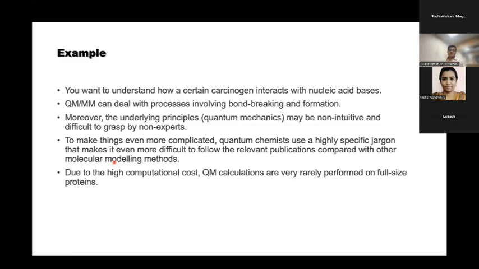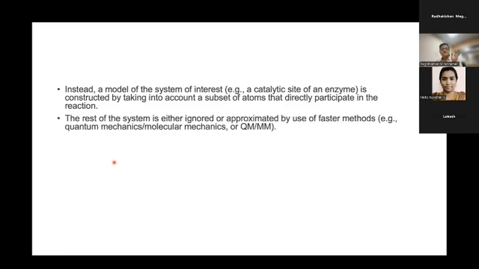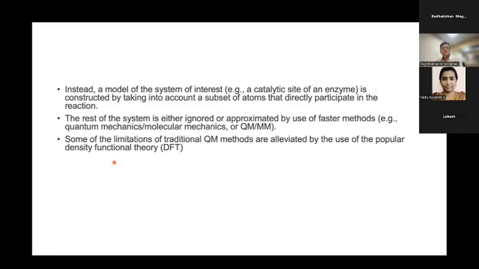Due to the high computational cost, with a full protein you cannot do QM calculations. So what we do is take the protein and ignore everything other than the atoms that are involved in the catalytic site or the function of the protein. The rest is ignored. Okay. So one of the techniques that can be used is density functional theory, or DFT.